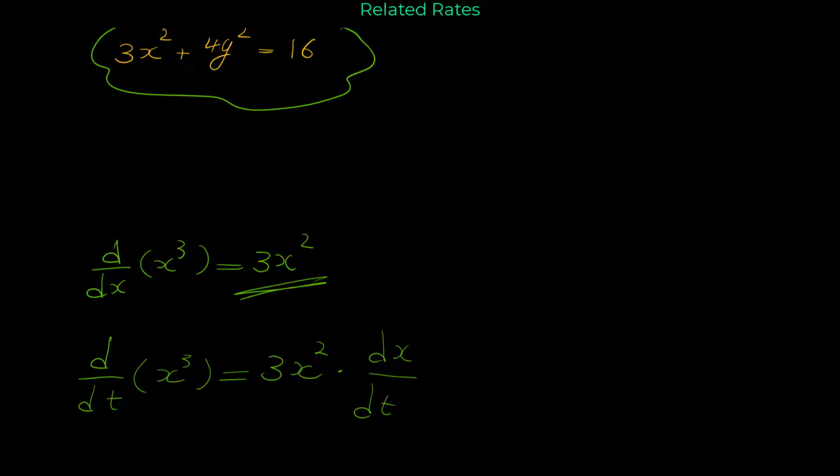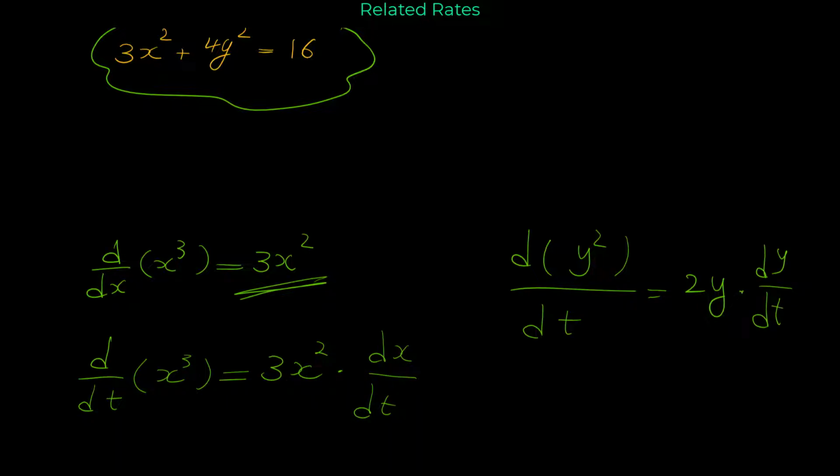For example, suppose you want to find the derivative of y² with respect to t. Its derivative is 2y, but don't forget, you have to multiply it by dy/dt. Let's say we want to find the derivative of cosine z with respect to t.